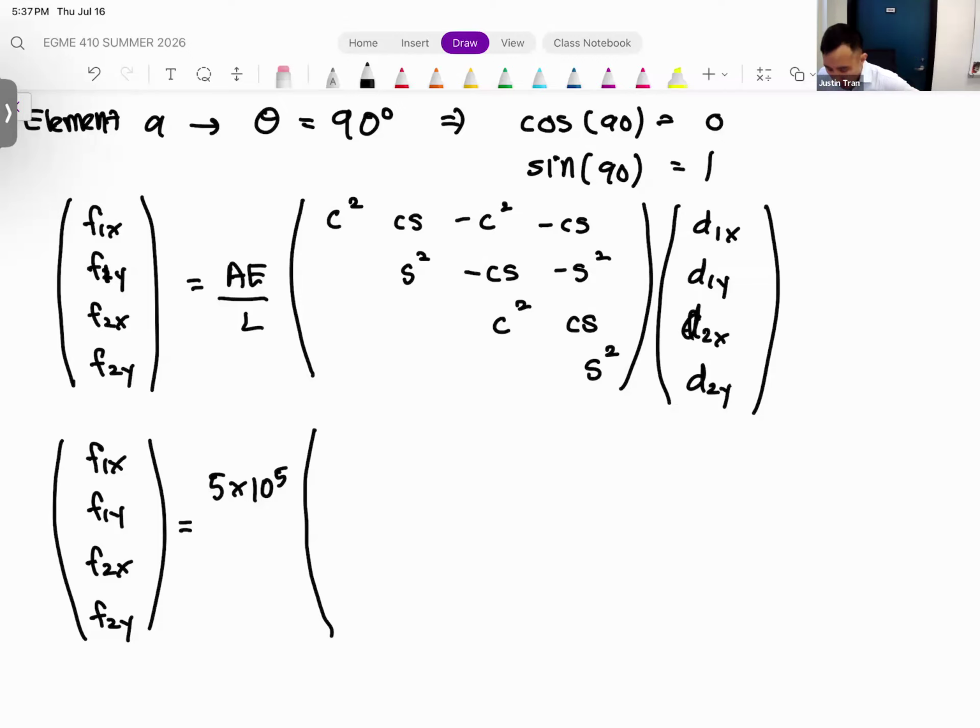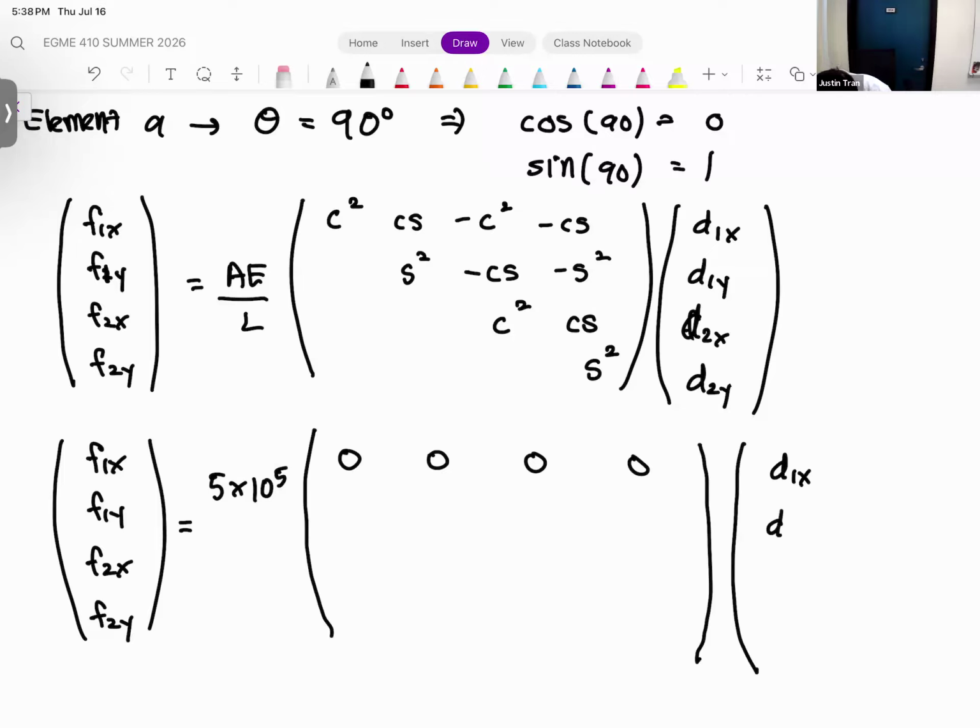Inside the matrix, that entire first row is 0. Very nice, because everything in that first row has a cosine. And then we have our deformation vector as well.